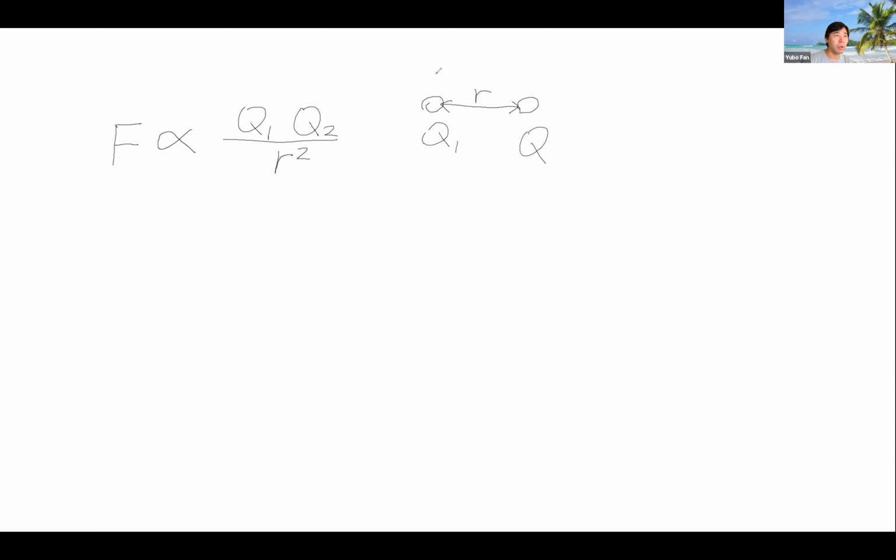So you have two charges, Q1 and Q2, and the distance between them. For example, you have a magnesium 2 plus and a hydroxide, two particles. So the distance between them is R equals the radius of magnesium 2 plus plus the radius of hydroxide.